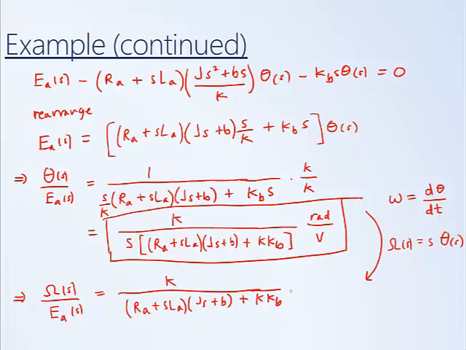And the units will be different. Our speed will be radians per second, and our input will still be volts.